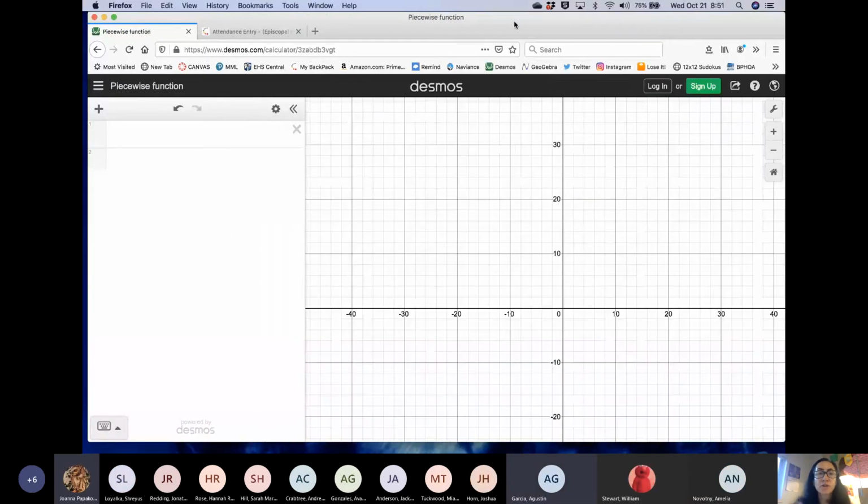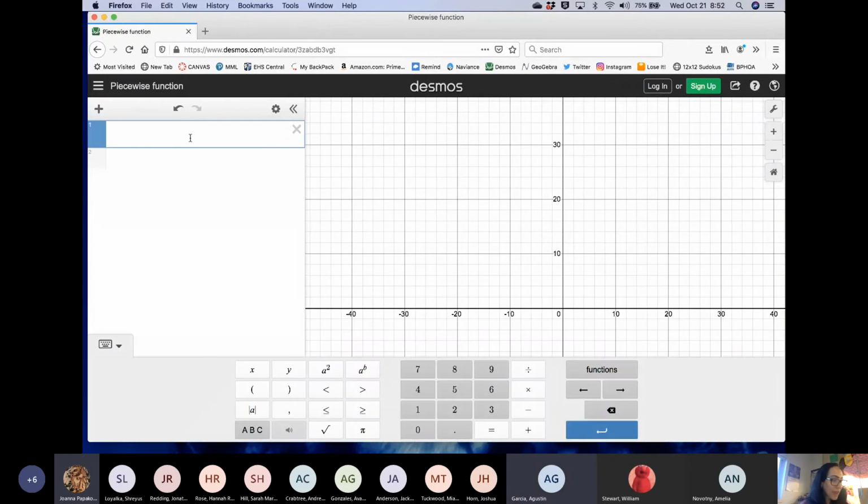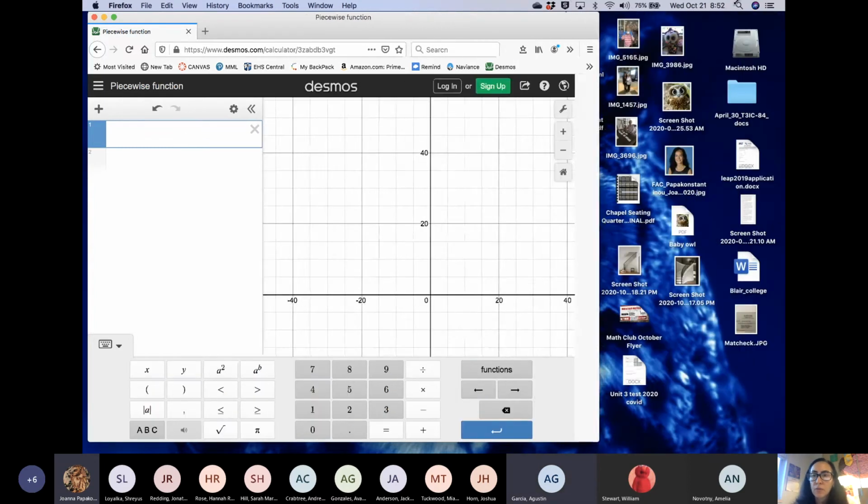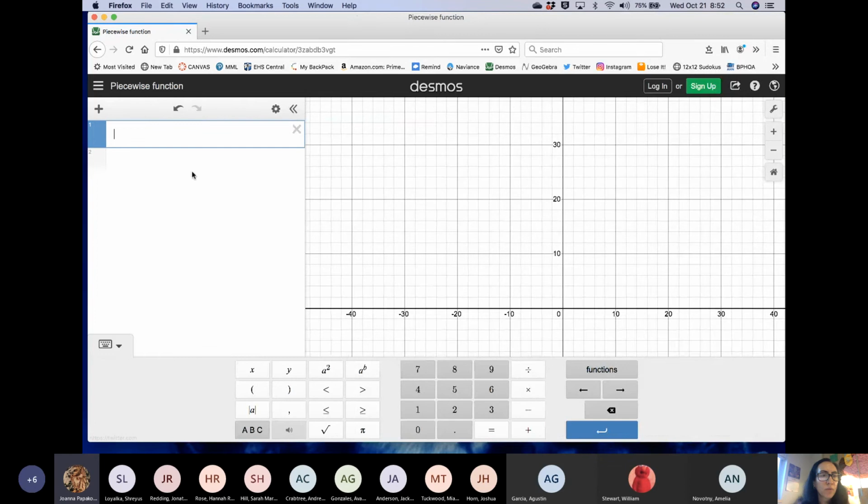I'm going to input that first example that we did. Can somebody read me the equation we wrote right underneath the first one? Y equals what? Anybody? Somebody read me the equations.